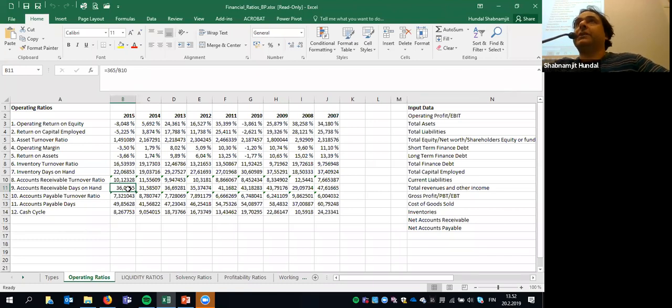So whether these ratios are higher or lower, the numbers are low or big, it depends upon the business practices. Those businesses where the B2B part is larger, these numbers would be larger. But where there is a B2C situation, we expect the numbers to be smaller. Okay.